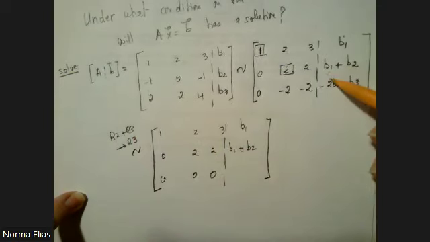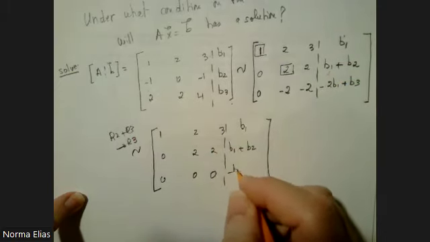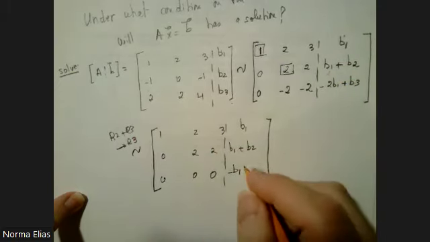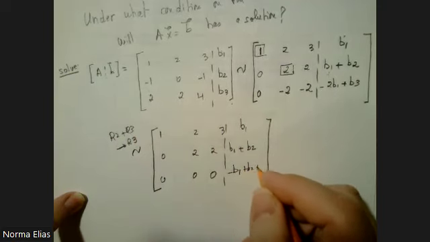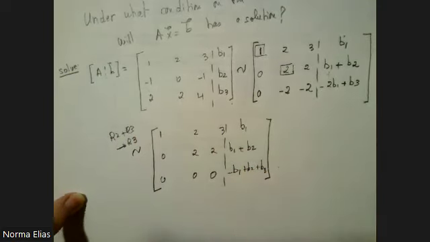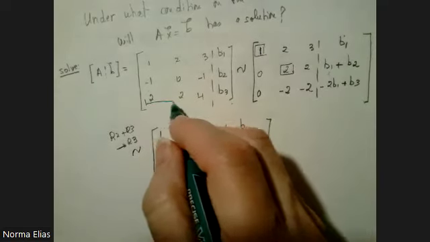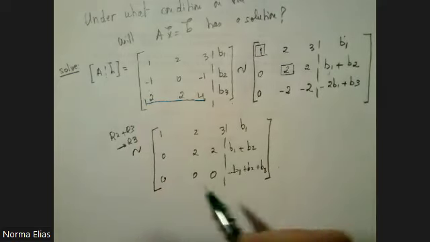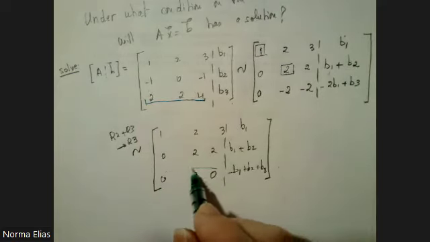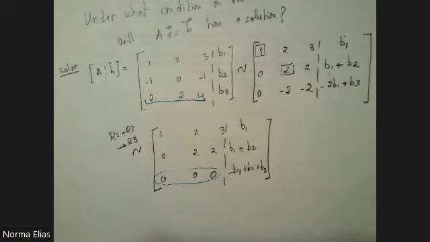I'm adding those two. So if I add them, I will have B1 minus 2B1. That would give me minus B1 plus B2 plus B3. Okay, so that's a situation where the matrix A, when we reduced it, we have a row of 0. Okay, so that's the scenario I am working with.